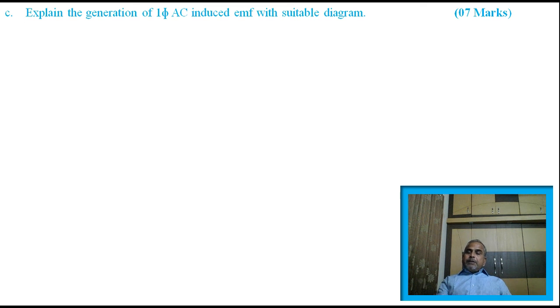The principle of operation on which the AC generator works is electromagnetic induction, that is Faraday's laws of electromagnetic induction. Based on these, you have to explain how exactly the AC voltage is induced in an alternator.